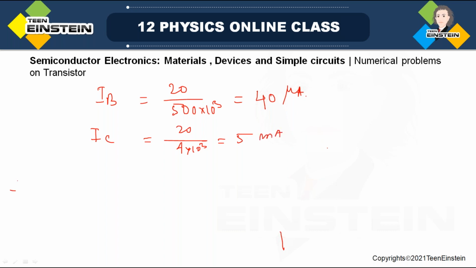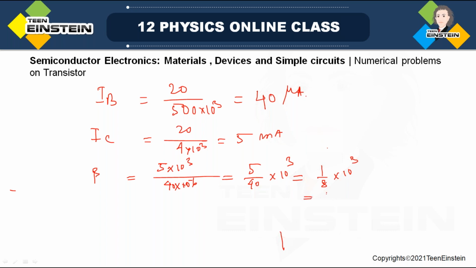Now beta will be IC by IB. That means 5 into 10 to the power minus 3 divided by 40 into 10 to the power minus 6. That means you have this into 10 to the power 3. This is 1/8 into 10 to the power 3.